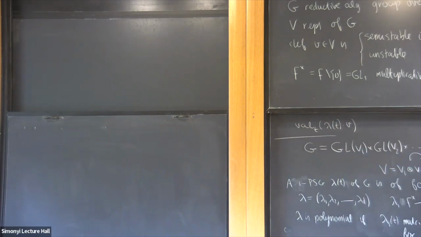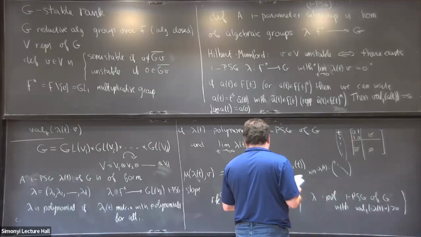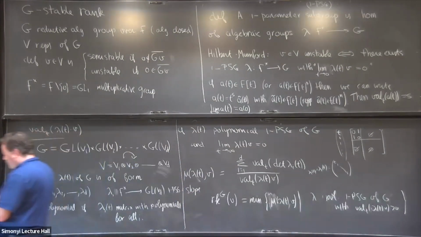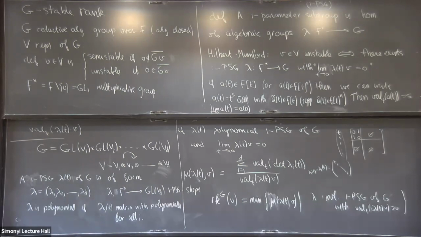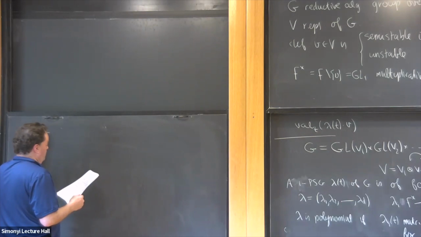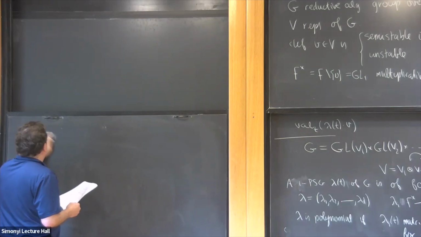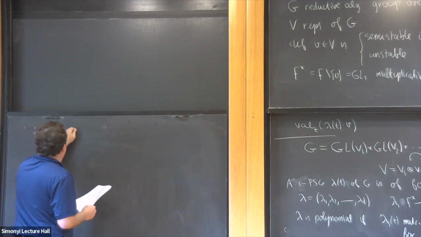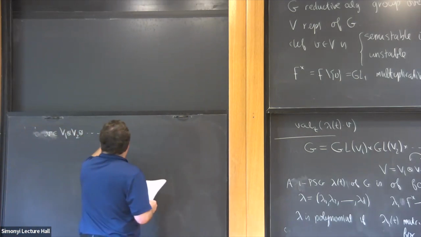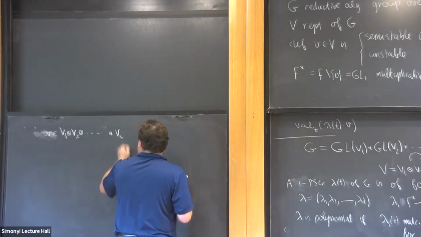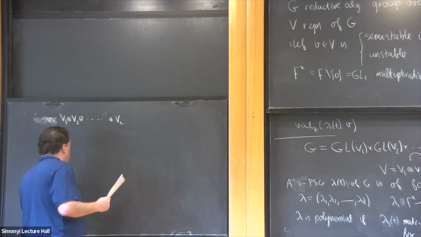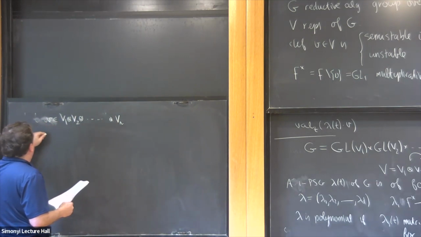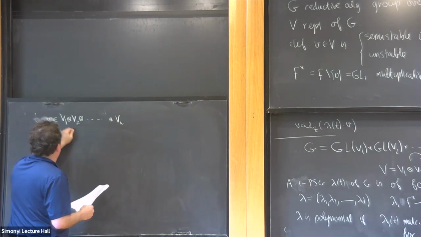But anyway. Let me just mention some other properties of G-stable rank that I think are interesting. So it behaves well with adding and tensoring tensors. So let's say we have a tensor V in V1 up to Vn, and another tensor W in another tensor product.